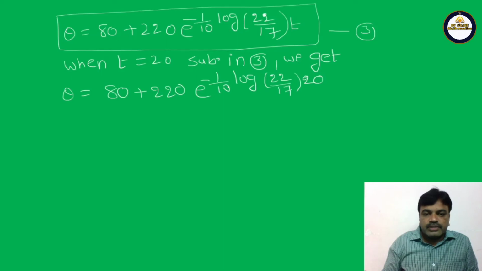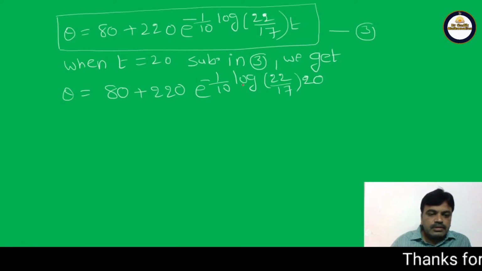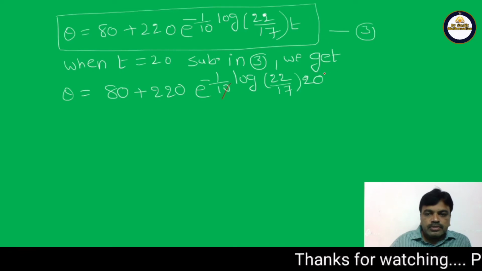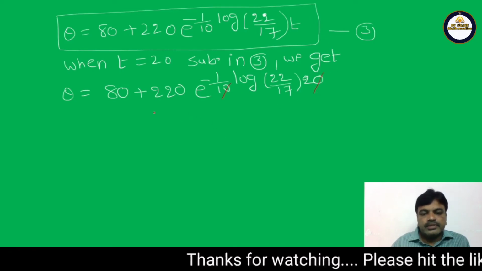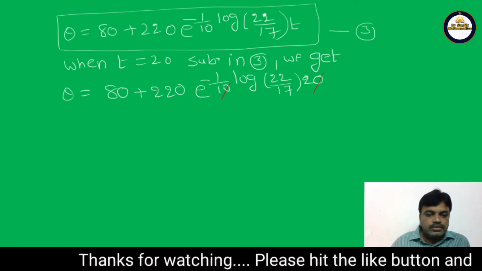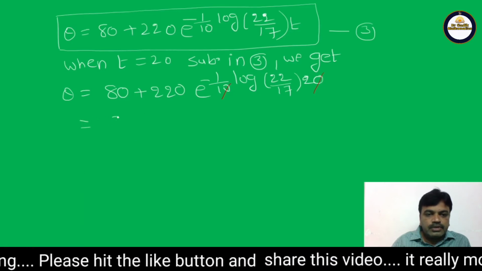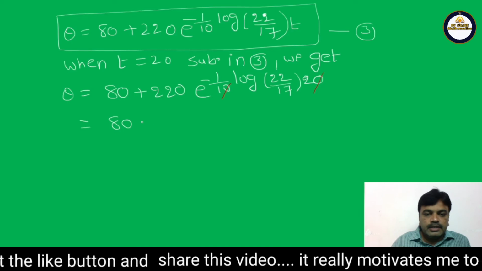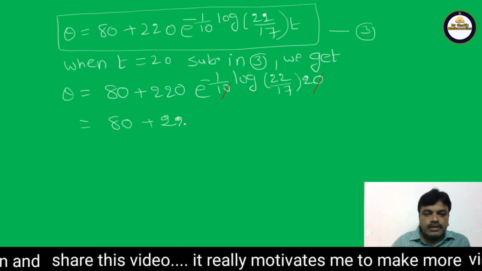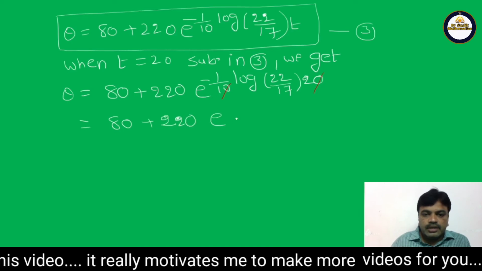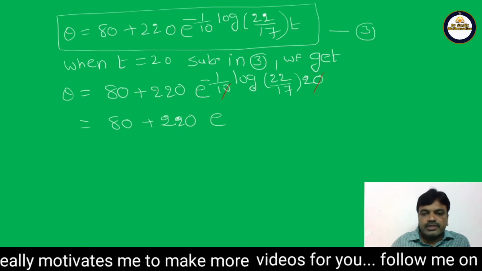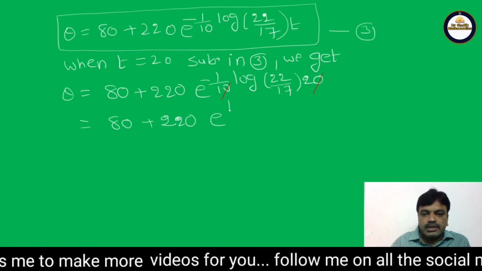So see friends here, the zeros cancel. So that is equal to 80 plus 220 e power, and this can be written as log, friends.